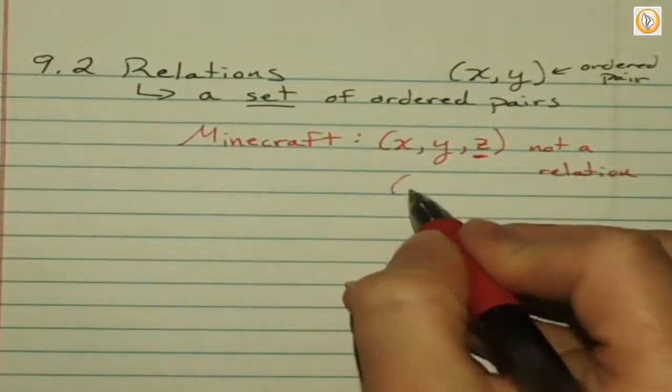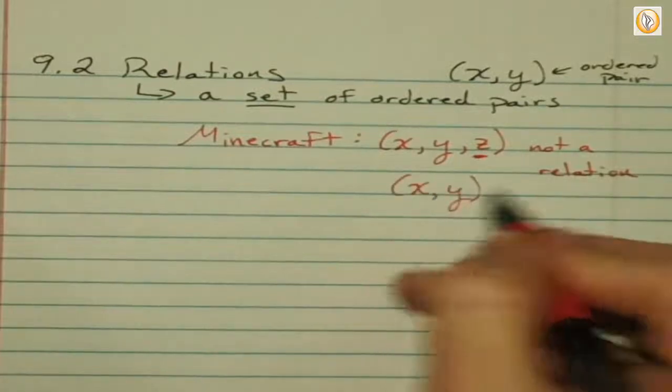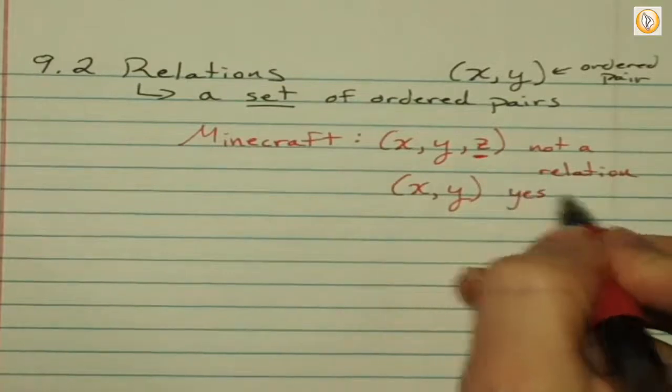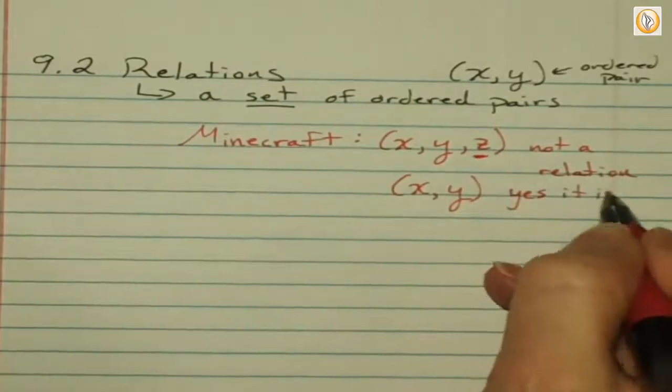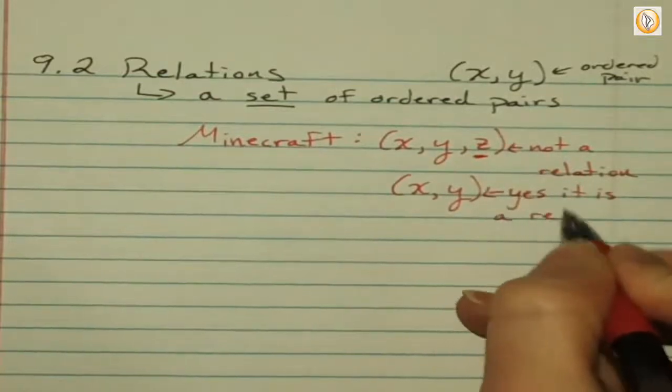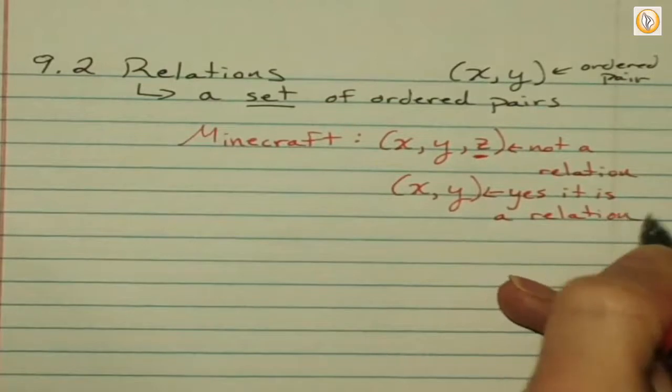Now, if it just had an X and a Y for the coordinate, then yes, it is a relation. Does that make sense now?